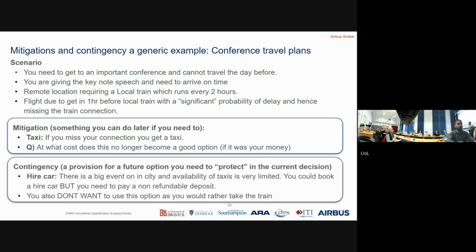Secondly is the idea of contingency. In reality, going through some of the philosophy of this, there's a bit of a grey area between the two. But for me, the contingency is a provision for a future option that you need to protect in the current decision. As an example of that, a hire car. There may be a big event in the city and there's limited availability of taxis. There's a high chance you won't be able to get a taxi.